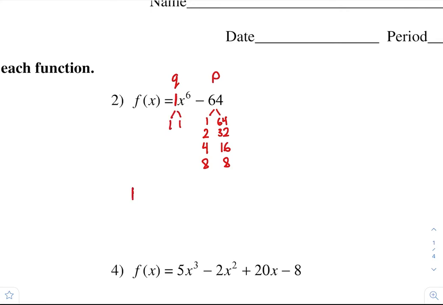So when we make our p over q list, which is all our possible rational zeros, plus or minus all the factors of 64. So 1, 2, 4, 8, 16, 32, 64. We don't need to include 8 twice. And then factors of q plus or minus 1.